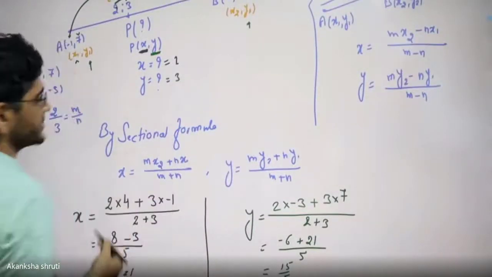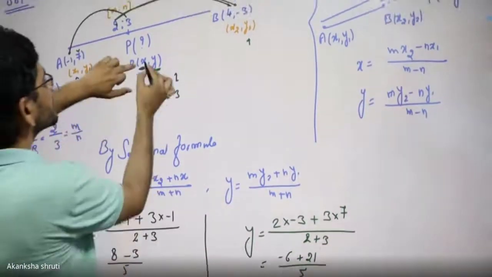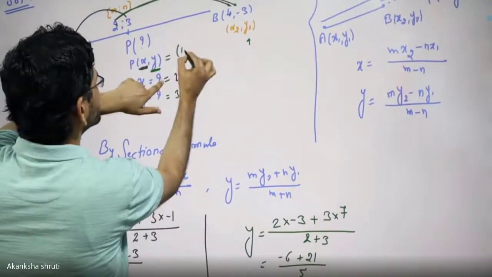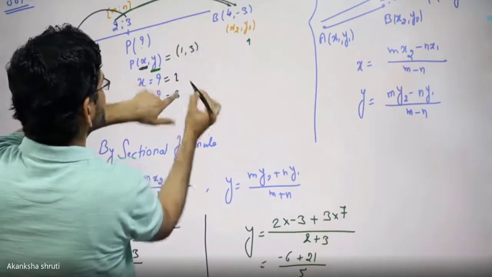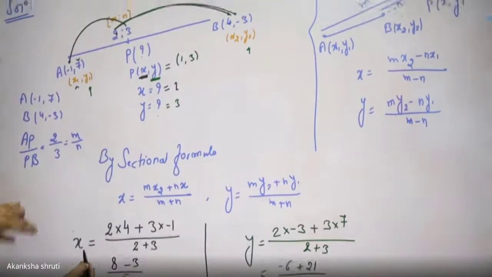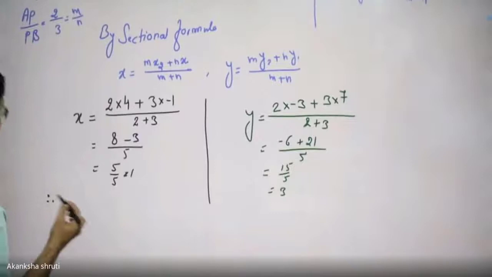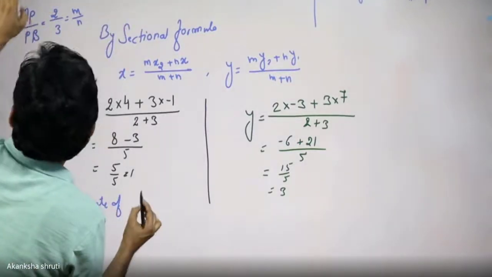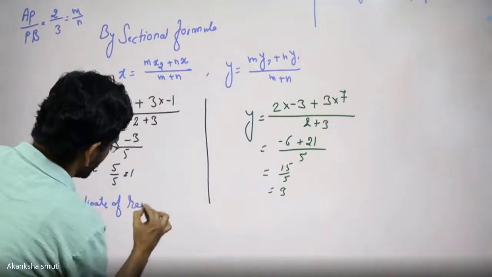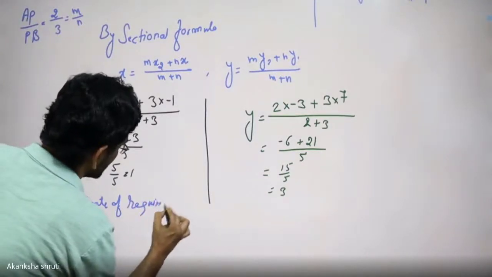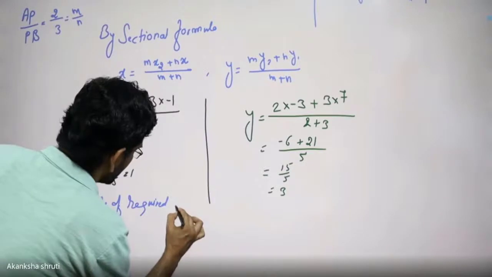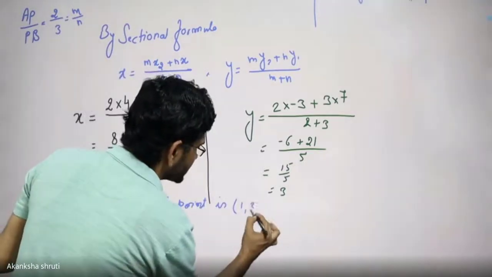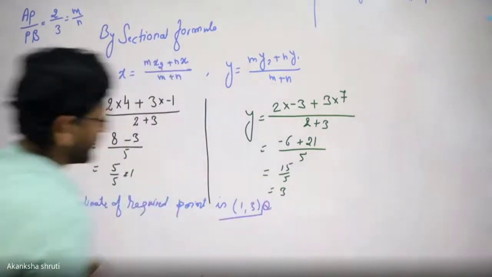It is our 3. This way, the coordinate will be the x written first and then the y. Therefore, the coordinates of the required point, which is dividing this in the ratio of 2:3, are (1, 3). This is the answer. Okay, student.